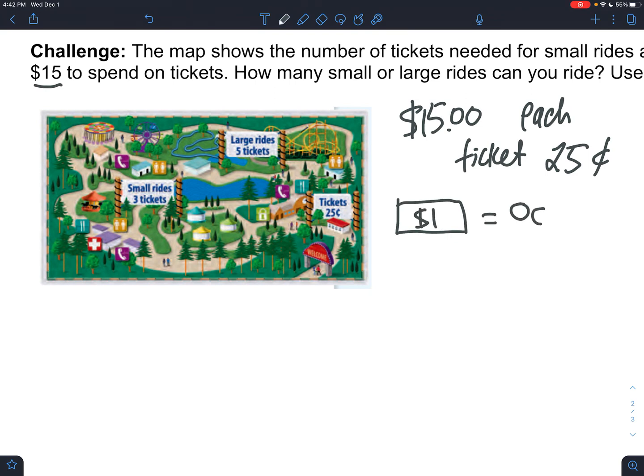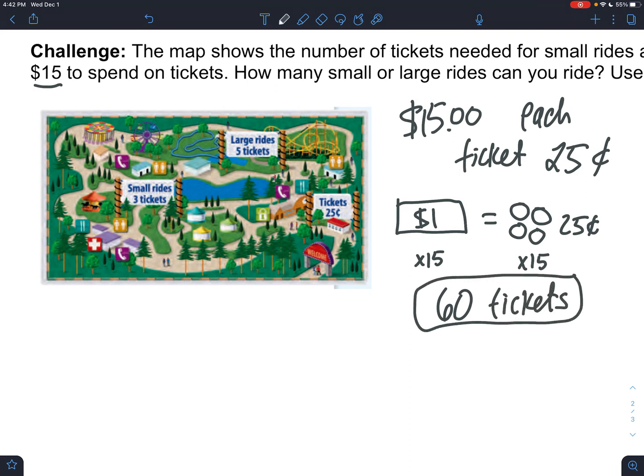And let me just tell you this, if you have $1, that's 4 quarters, right? So if you have $15, multiply this by 15, we should multiply this by 15. So I'm thinking we're going to get 60 tickets out of this. So I'm just going to start there, right?